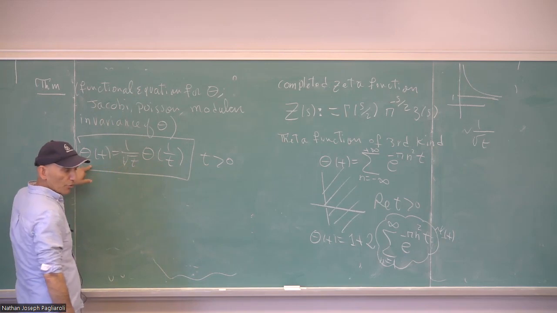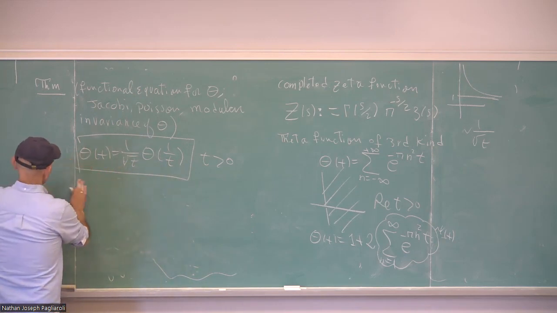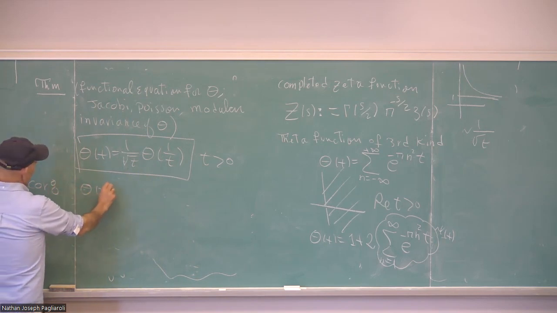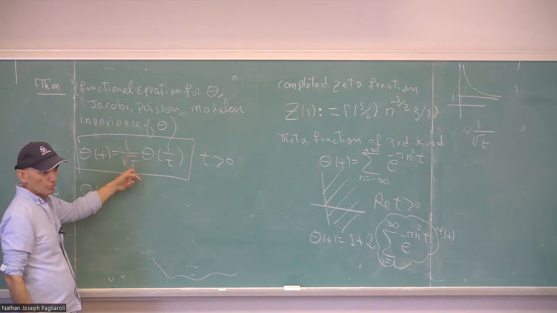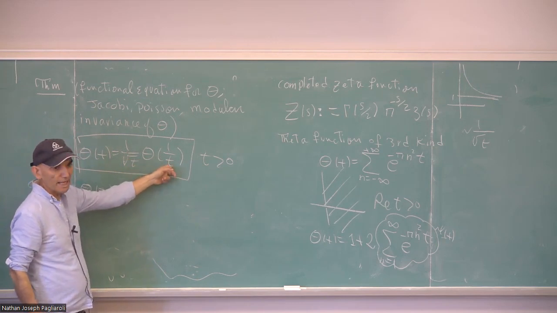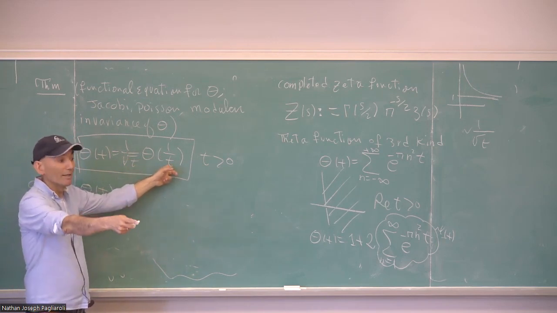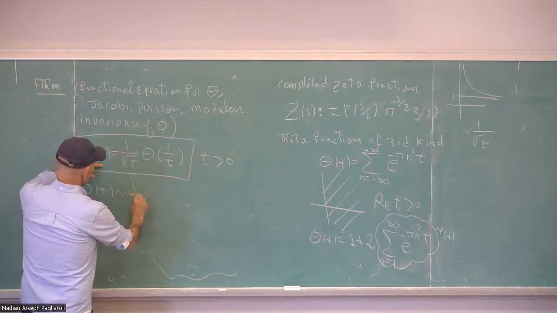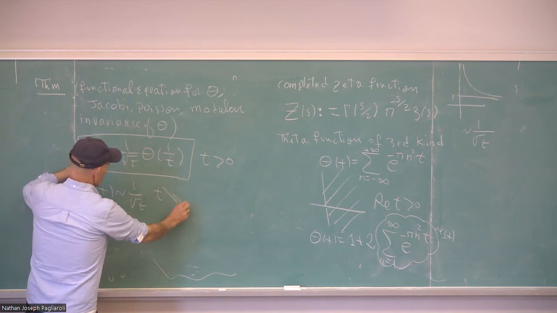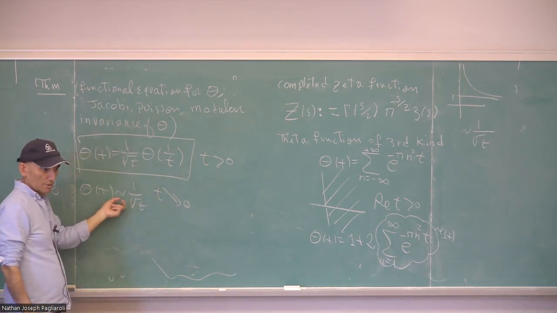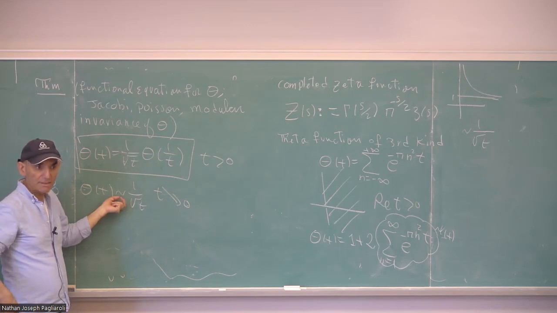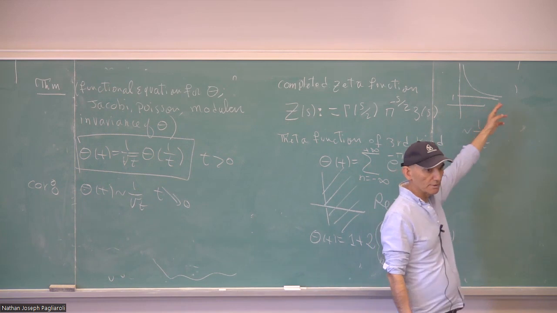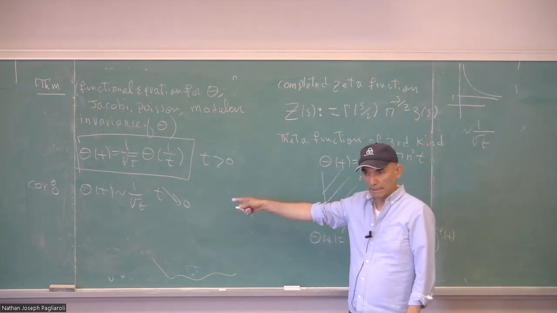Of course, an immediate corollary of this is that theta of t, as t goes to 0, is like 1 over root t, since theta of 1 over t goes to 1. You know that, right? So this is asymptotic to 1 over root t as t goes to 0. So this gives you, among other things, the asymptotics of how fast theta grows near 0.